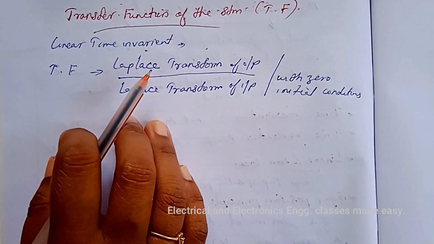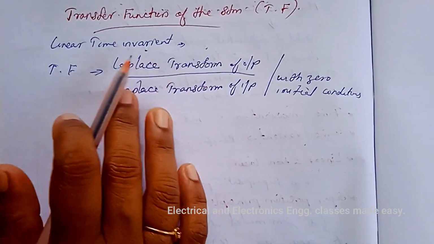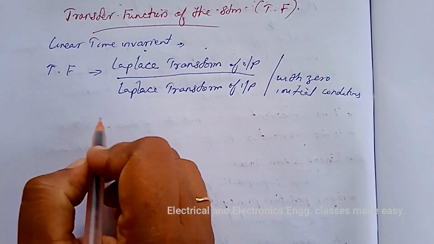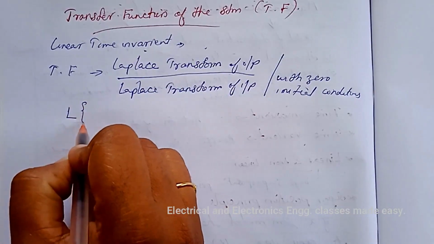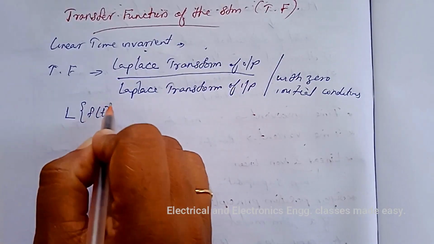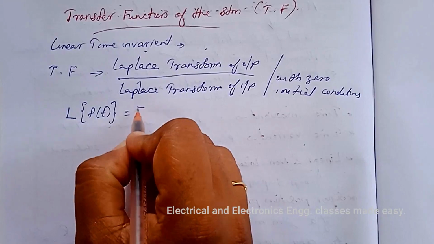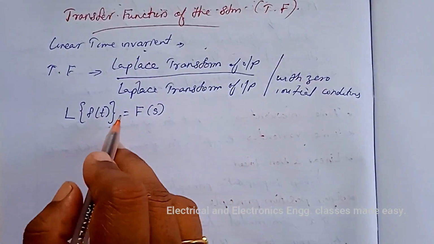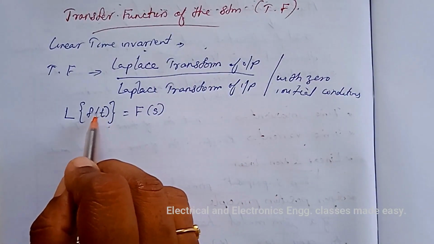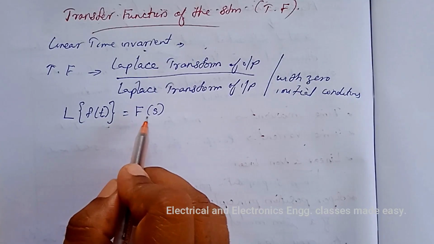Here the time domain is converted into S domain. The Laplace transform of the function f of t is equal to F of s. This is the function in time domain and this is in s domain.